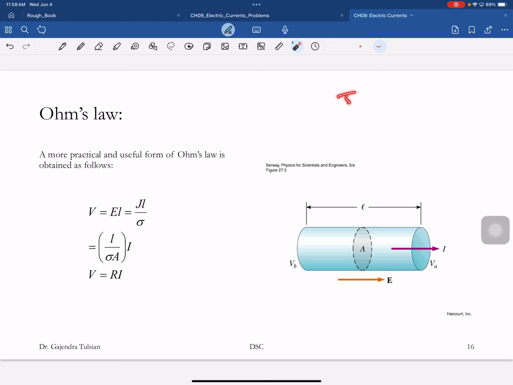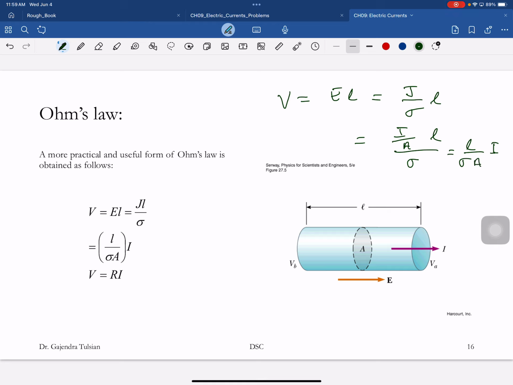J, the current density, is I over A. So the voltage is equal to I times L over sigma A. And this quantity is called the resistance of the wire.